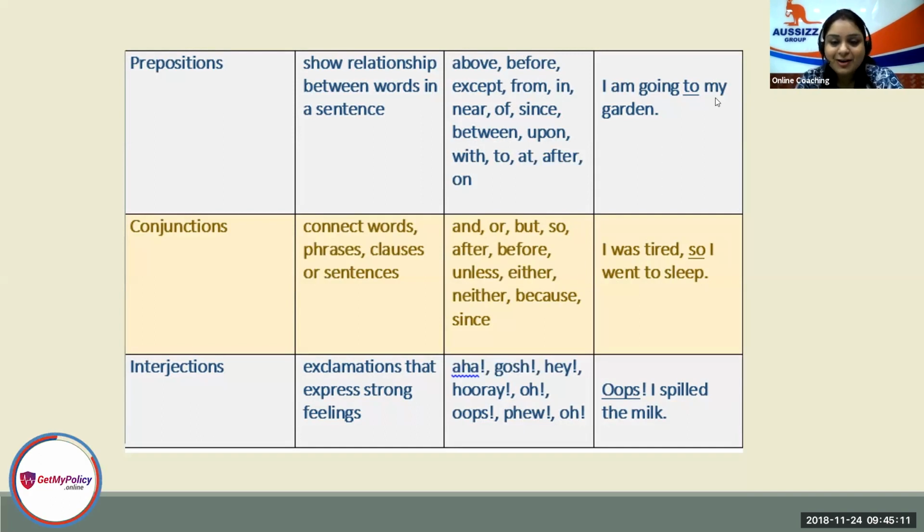But yes, if you're on 5.5, you'll be on 6. If you're on 6, you'll be on 6.5. So gradually it helps. Okay. Fanboys, I am repeating it: F for, A and, N nor, B but, O or, Y yet, S so. So this is coordinating conjunction.